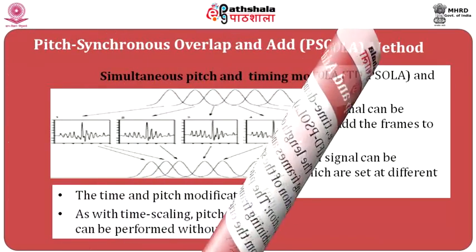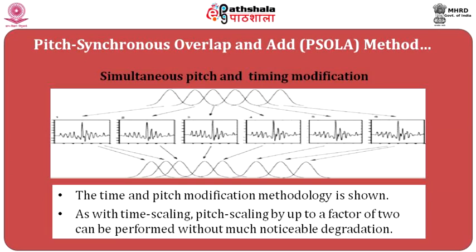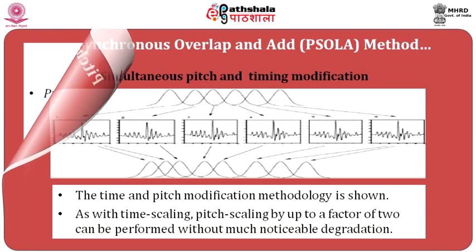Now let me show you this picture, which shows the simultaneous pitch and timing modification. The time and pitch modification technology can be shown in this picture. As with the time scaling, the pitch scaling by up to a factor of 2 can be performed without much noticeable degradation.